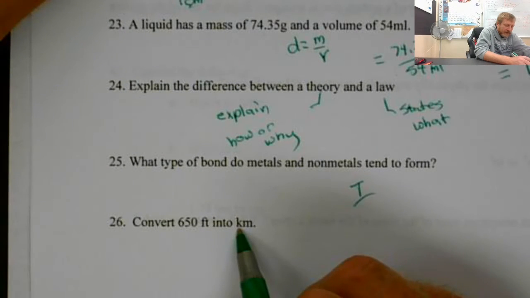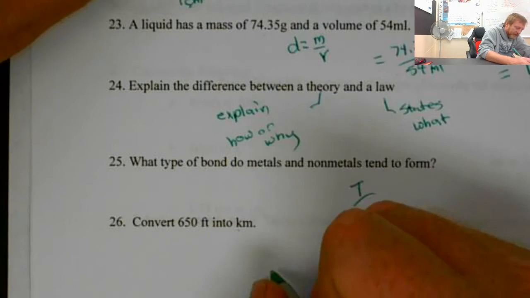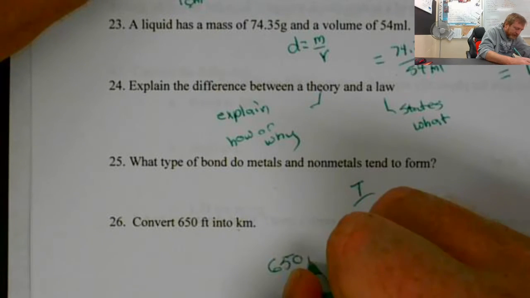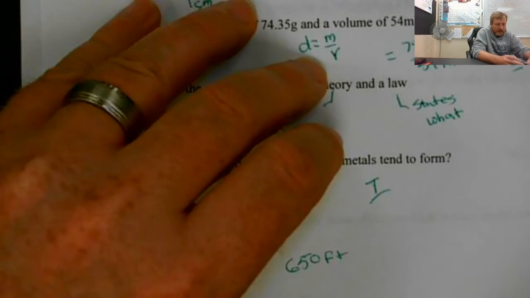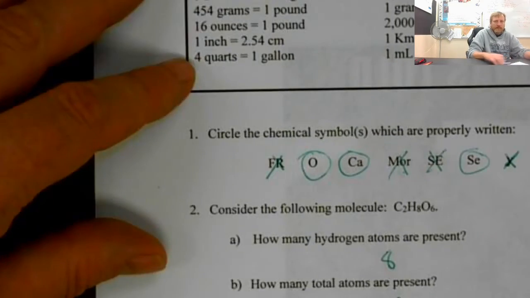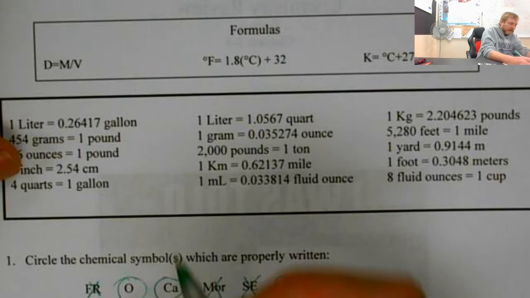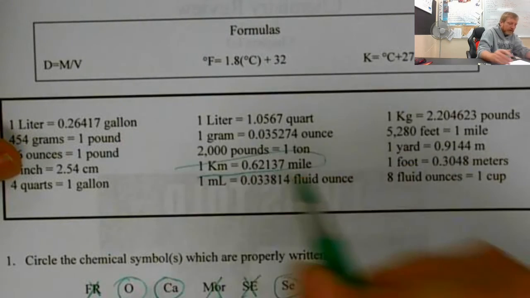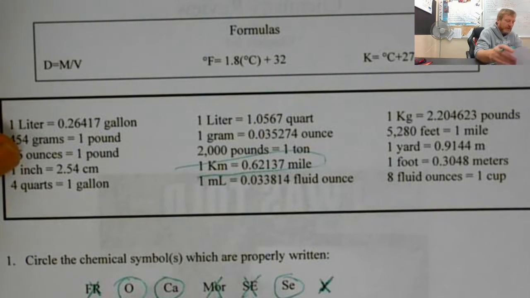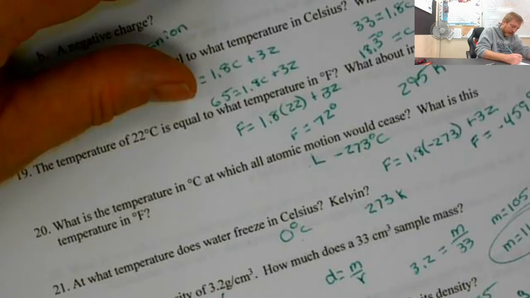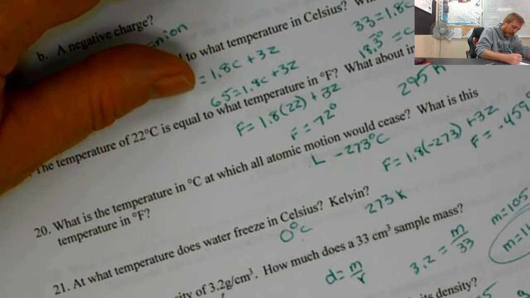650 feet into kilometers. So we'd have 650 feet, and we can tackle this a number of ways. Let's go back and look at our little conversion box and see what we've got. We've got a whole bunch of different stuff to pick from here. I'm going to use this one here: 1 kilometer is 0.62137 miles.